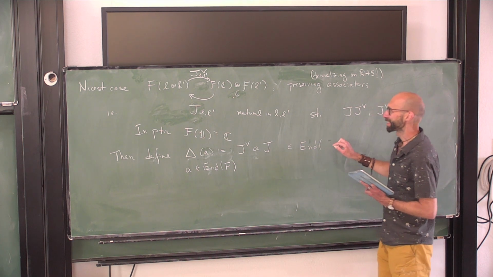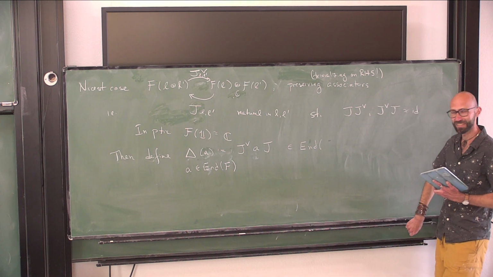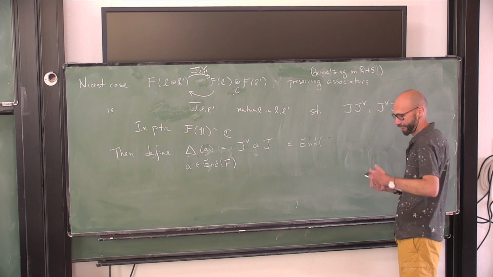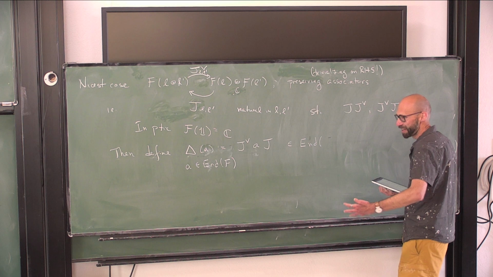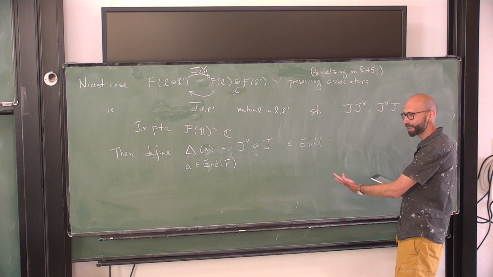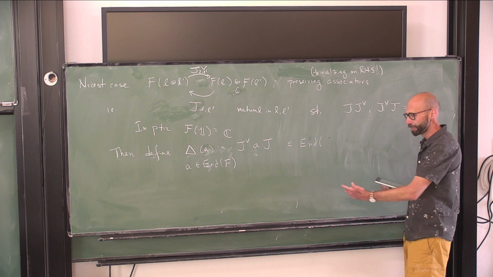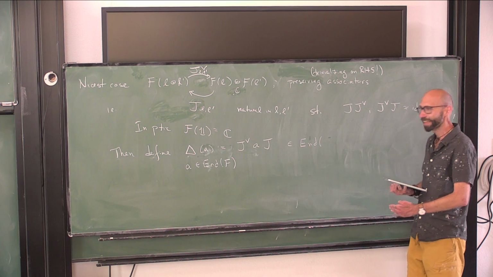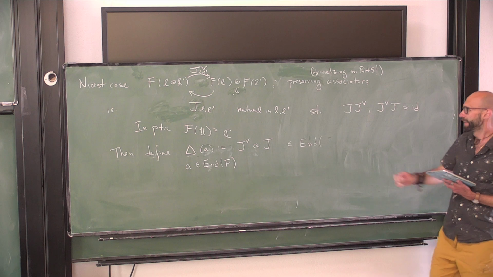I'm giving you this schematically to give you an idea of how things work, and you can look up in EGNO how this is going to happen in nice abelian categories, or Lurie or Gaitsgory for how this is going to happen in DG categories.